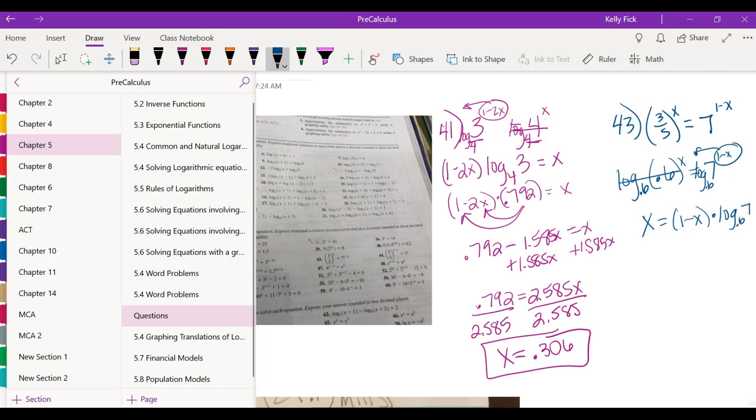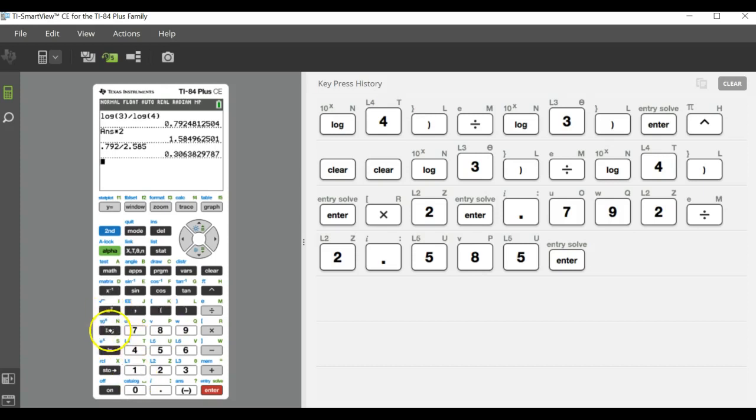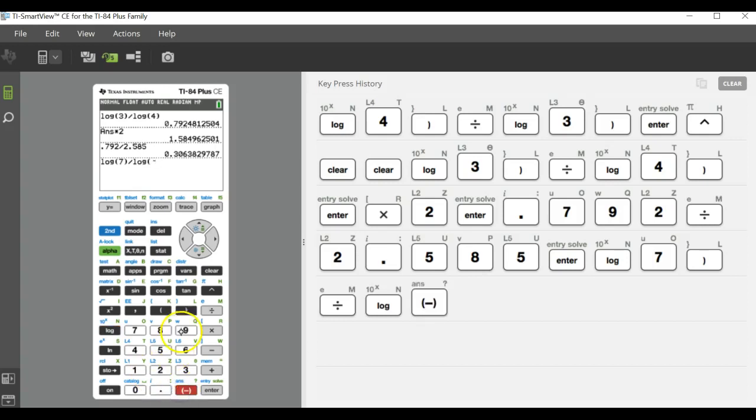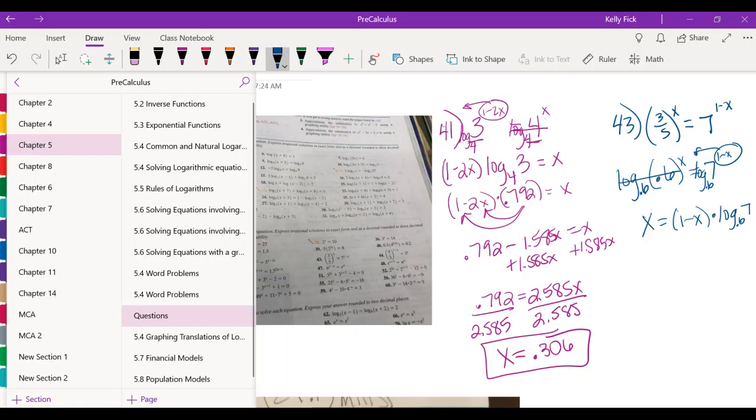I'm going to plug this log base into my calculator, so I get log of 7 divided by log of 0.6 is negative 3.809. So negative 3.809.